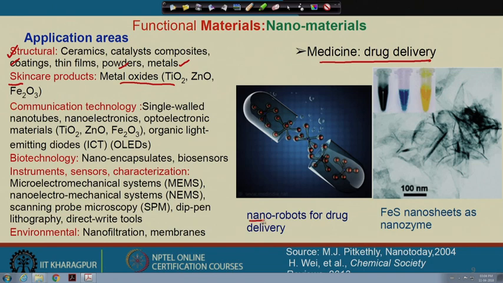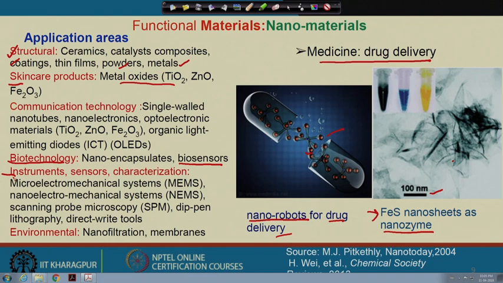So, here you can see some of the nano robots used for drug delivery, and they purposely go to some places in the human body to deliver the drug. And iron sulphide, which is also known as a nanozyme, and these nanosheets are shown here. Those are used on a very small scale as an enzyme in the human body. At the same time, for biotechnology purposes, we can use these nano encapsulated biosensors, and some instrument sensors, which are important.